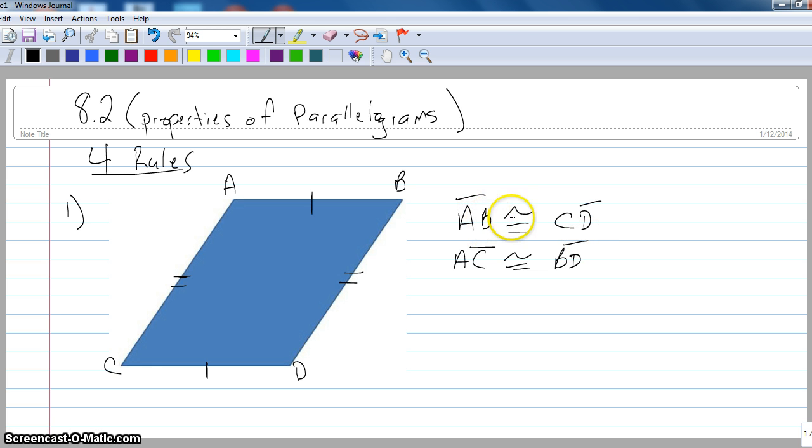You can make this be BA and DC and CA and DB, same thing. So if this is 10 meters, this is 10 meters, for example. And if this were, I don't know, 24 meters, this is 24 meters.